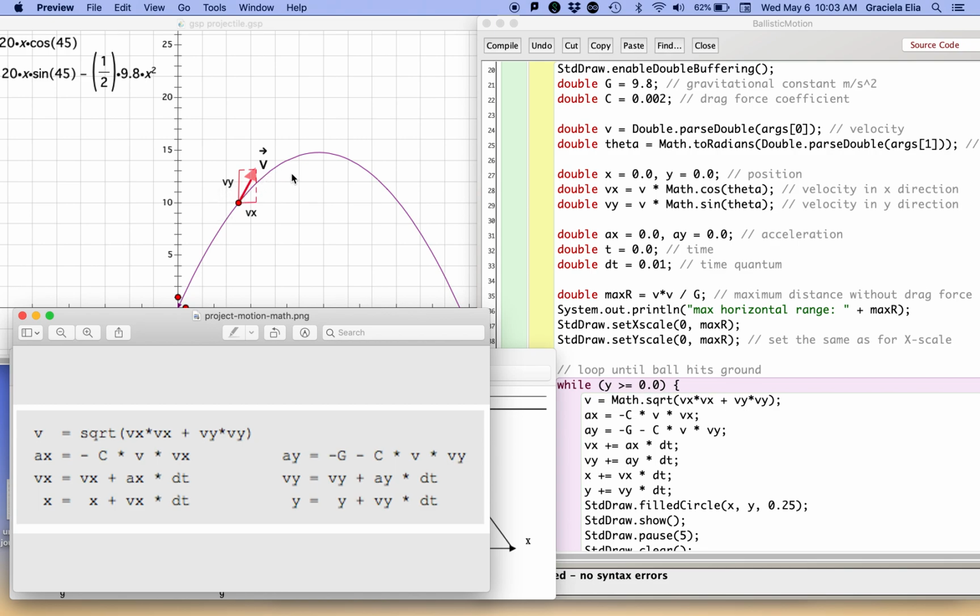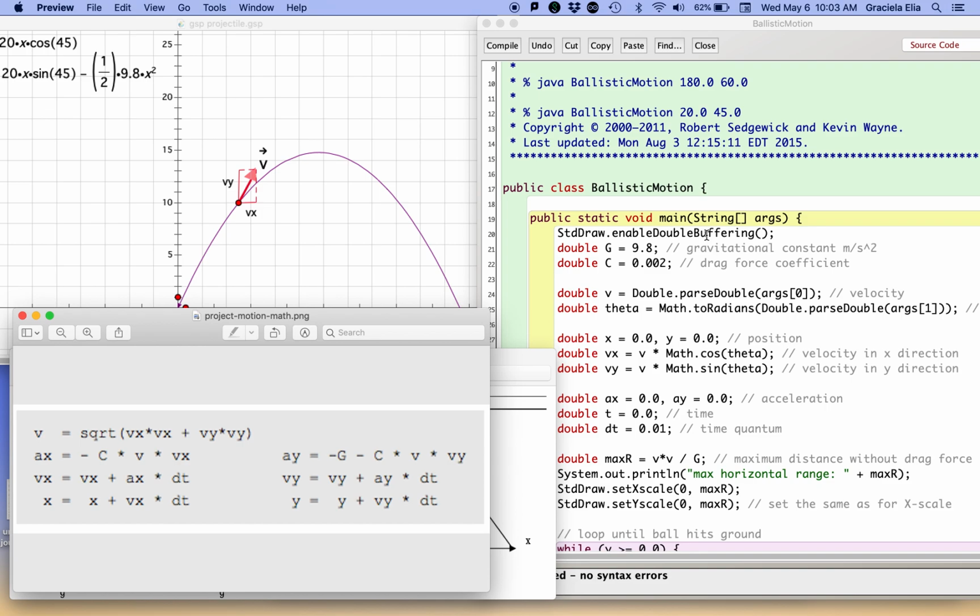So this curve represents this particular input. I believe the velocity is 20 and the angle is 45. You can see the parametric formulas right over here.